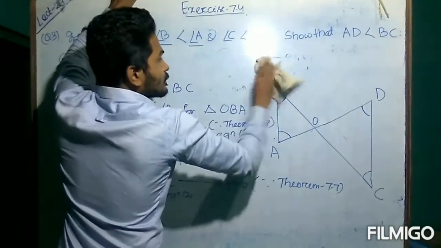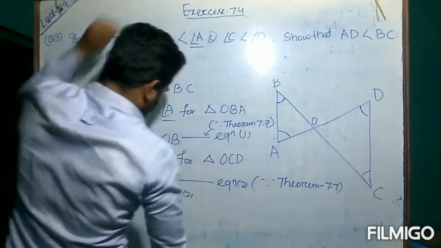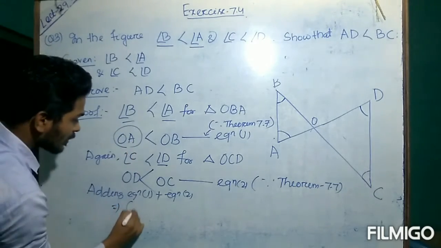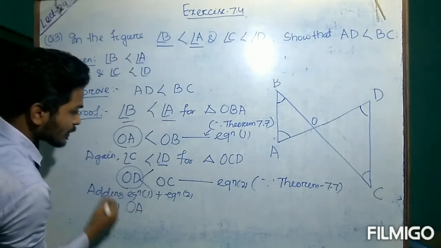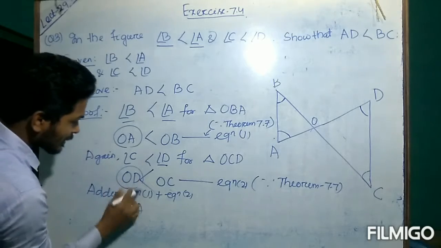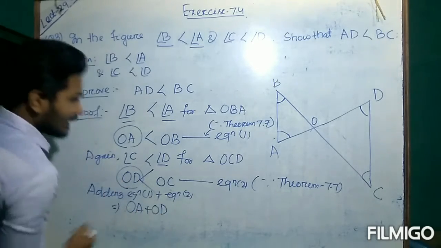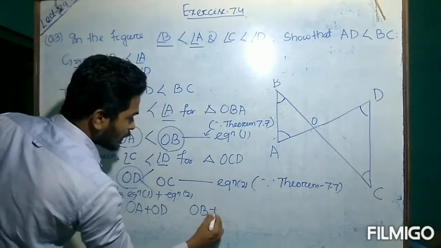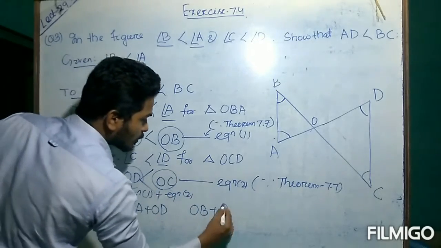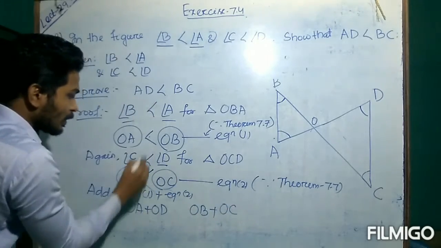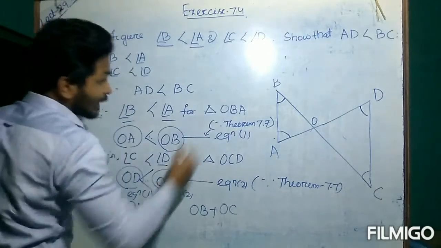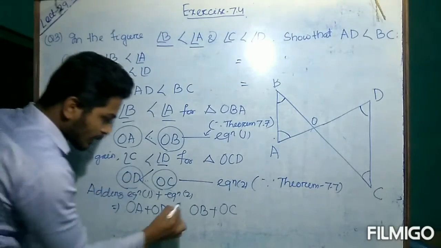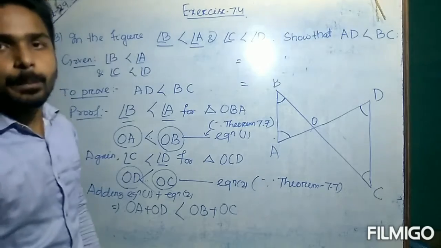So similarly, the same procedure is followed here. You have to write the left hand side of equation 1 with the left hand side of equation 2, so this is plus OD. Then the right hand side of equation 1 with the right hand side of equation 2. Then in between them which symbol do we use? Here I have taken the equal to symbol, and here we have taken the less than symbol, so you can take this symbol.